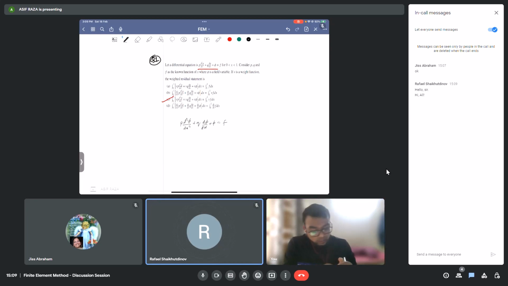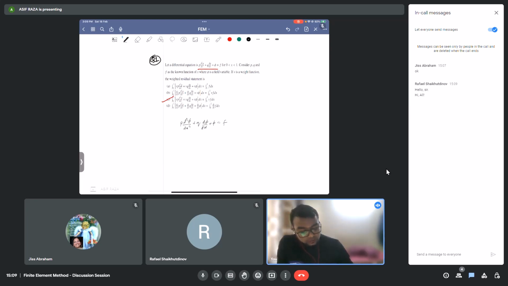As I was saying, if phi is my actual solution, this governing equation will be satisfied throughout the domain, at every point of this domain. And if my phi is an approximate solution, this need not be exact. So p d2 phi dx square plus q d phi dx plus phi minus f need not be equal to 0 if phi is not my exact solution.